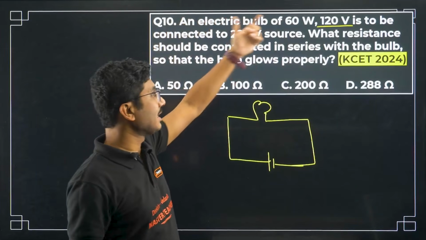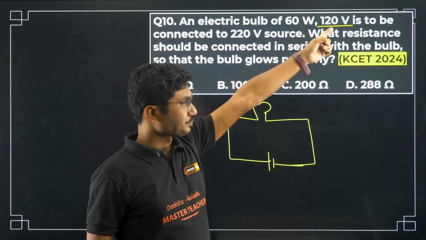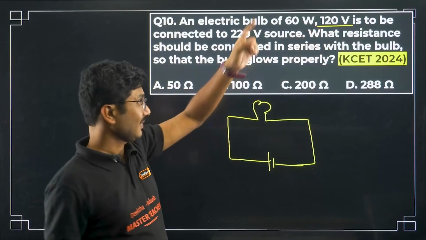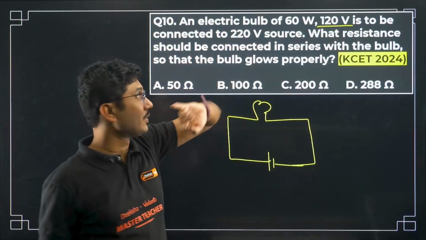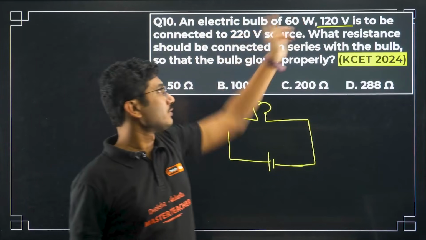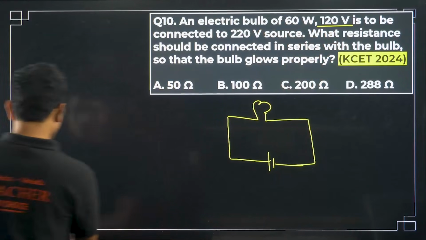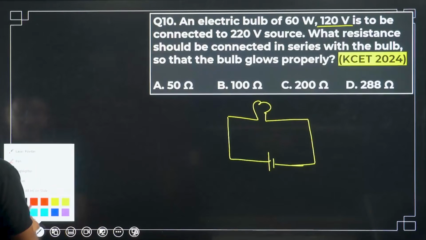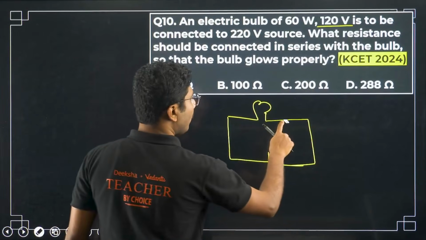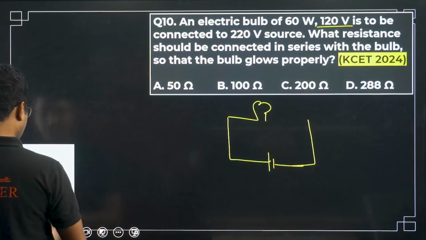Now as you can see here, the voltage rating is 100 volt less than that of the given source. The given source is 220 and the voltage rating is 120. So first of all, we have to find the resistance to be connected in series.